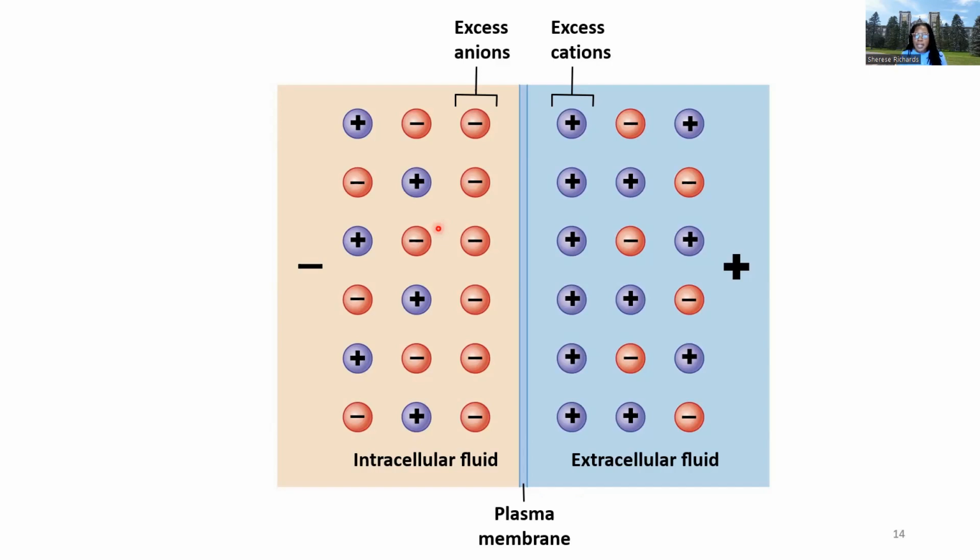So now we can begin to think about what that creates in terms of a force for charged particles to want to move to be in either of these environments. A positively charged ion like sodium is attracted to the negative environment inside the cell. A negatively charged ion like chloride is alternatively attracted to the extracellular fluid, which is overwhelmingly positive.